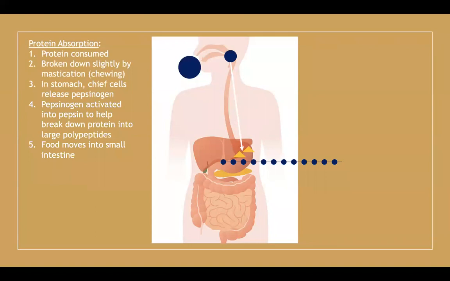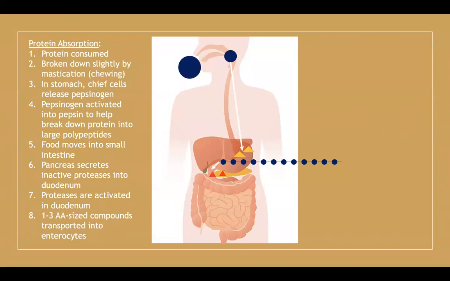Once this occurs, the food will then get transported into the small intestine, and the pancreas secretes a number of proteases into the duodenum. These proteases are initially secreted as zymogens, and they become activated in the duodenum. And finally, as these are broken down into 1 to 3 unit amino acid subunits, they can be absorbed in our enterocytes.